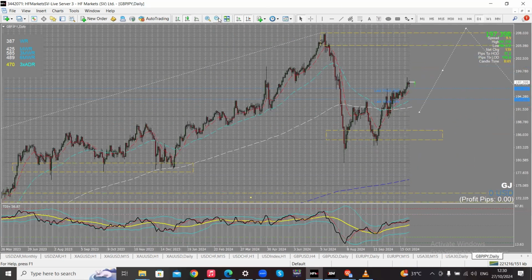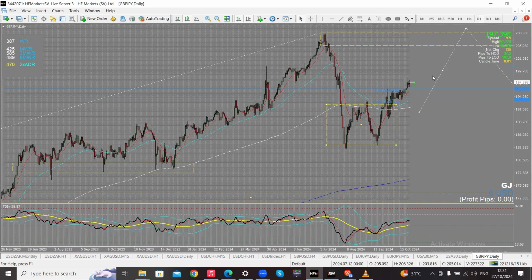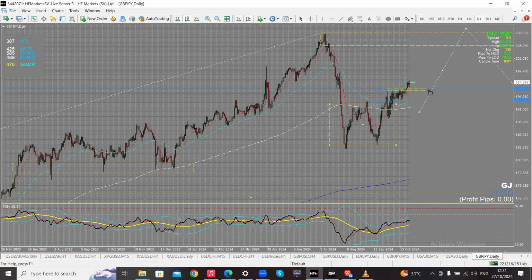So from a daily perspective, of course, you can see we left a nice area here of rejections, and we also left an area where there could be actually possible support. And price would likely come into the area so that we can continue our journey to the upside.